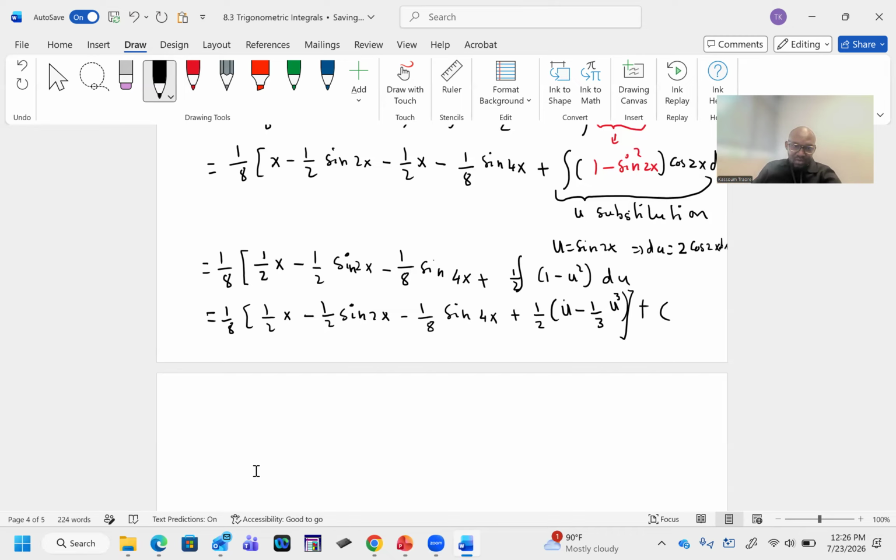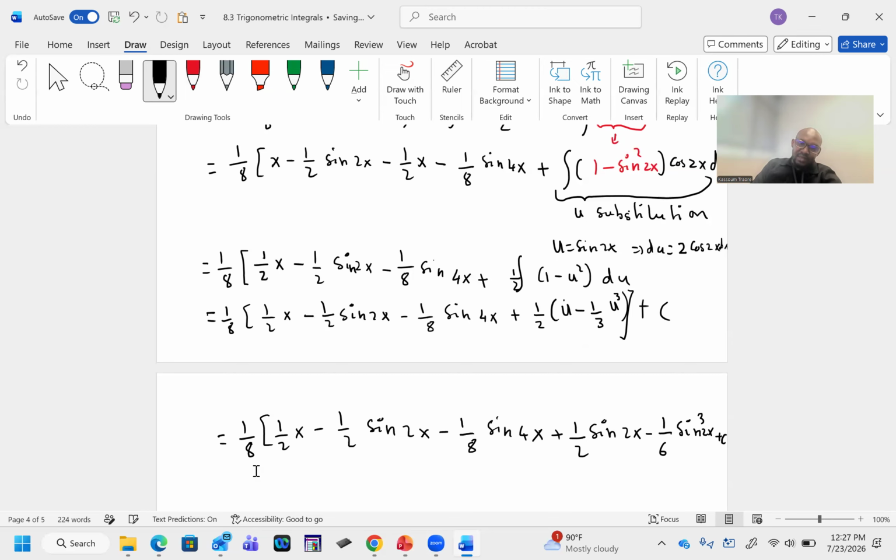So by substituting my u, I will get 1/8 times 1/2 x minus 1/2 sine of 2x minus 1/8 sine of 4x plus 1/2 sine of 2x minus 1/6 sine cube of 2x plus c, right?